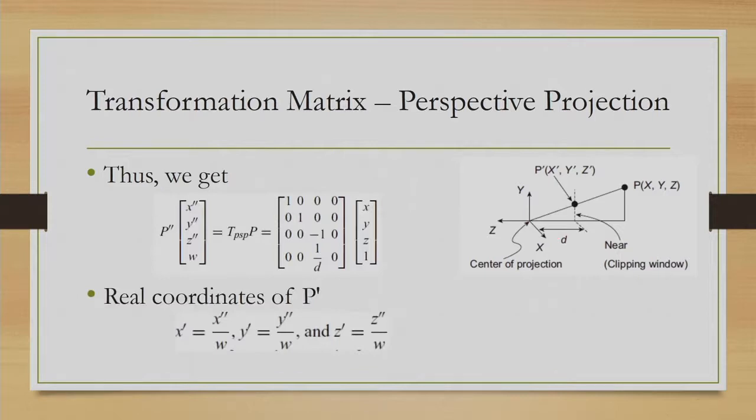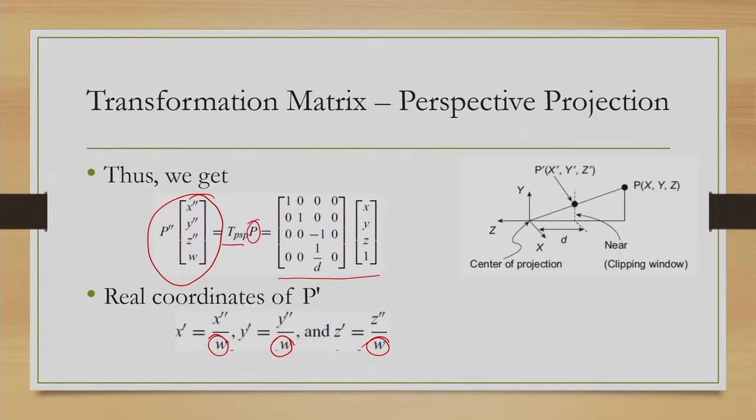Now, like in case of parallel projection, here also what we can do? We can multiply this perspective projection matrix with the original point vector to get the projected point in homogeneous coordinate system, and to get back to the original point, what we require is we need to divide it by this homogeneous factor W, and we will see that here again W will not be equal to 1.